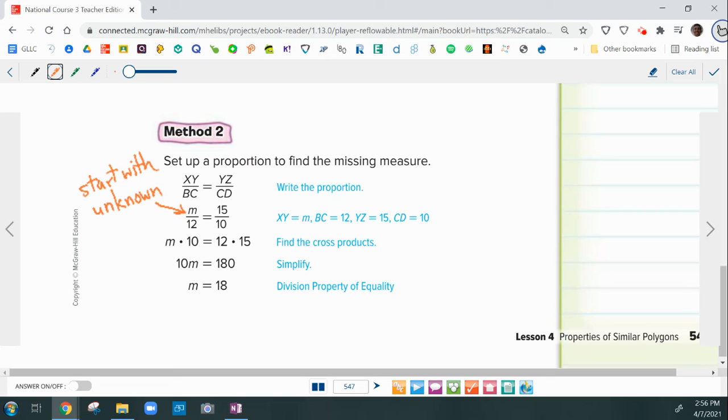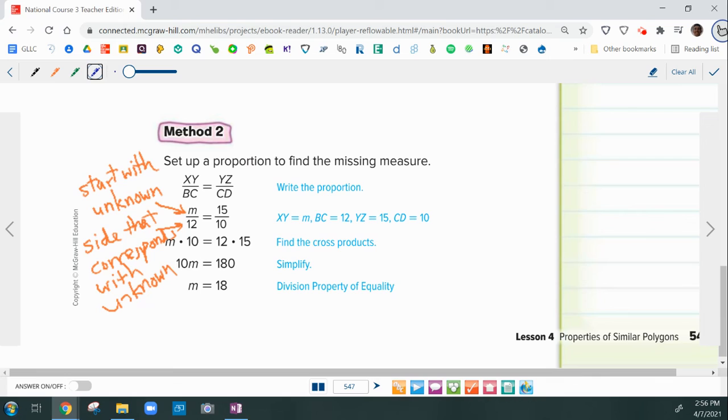So I start with the unknown, and then I put underneath it the side that corresponds with the unknown. So I make my first fraction like that. I just get the unknown and the side that corresponds with it. That's my first fraction.